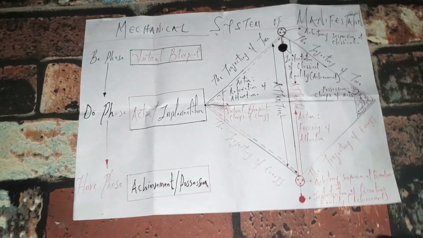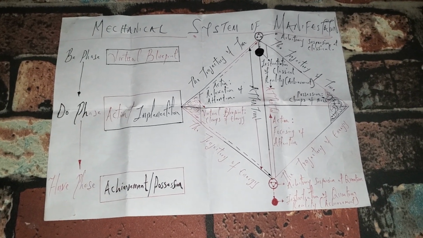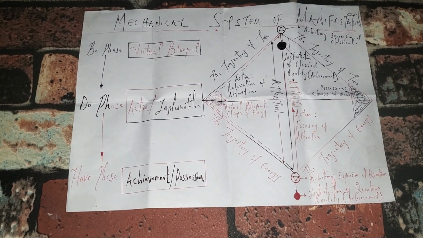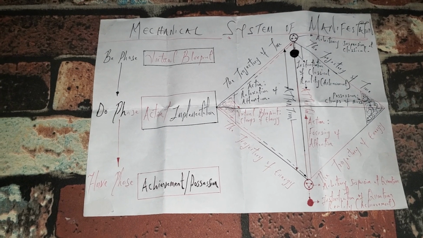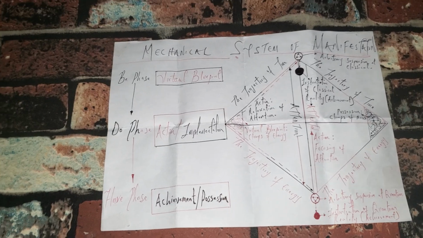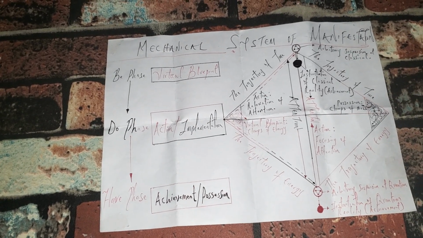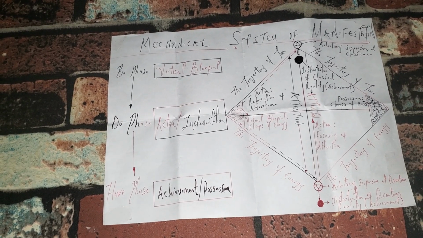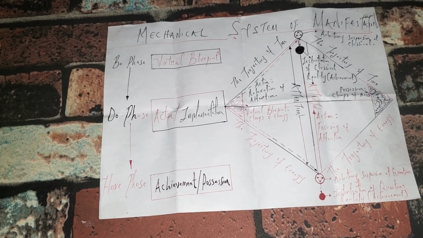Now the be phase is the visual blueprint. The do phase is the action slash implementation phase. The have phase is the achievement and possession phase. Once we understand that we need to move from the be through the do to have, then we are on the right path to manifest anything.